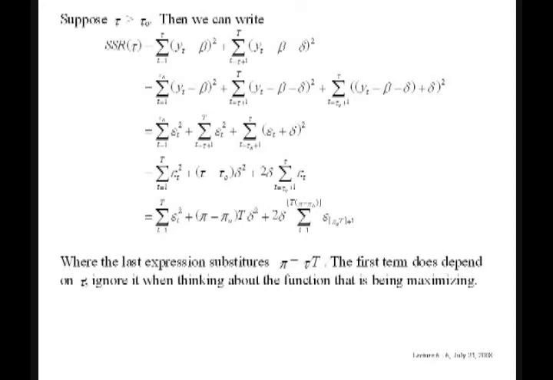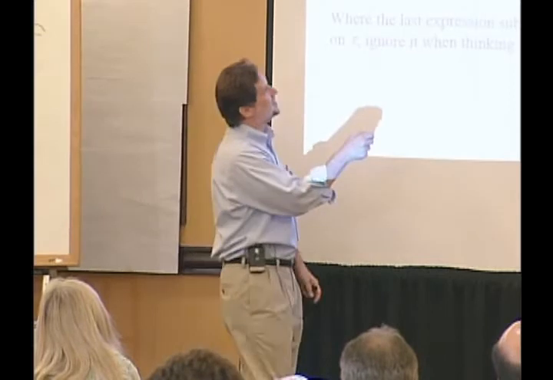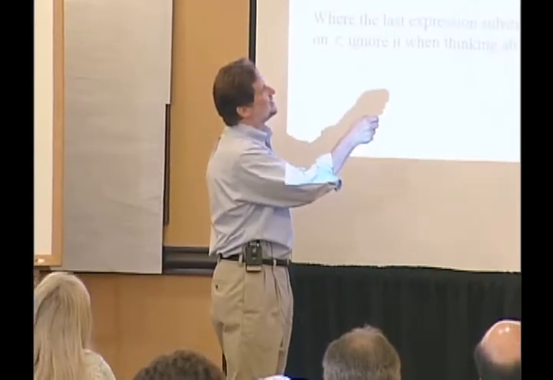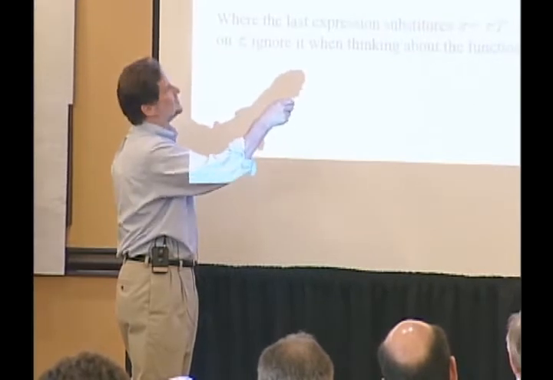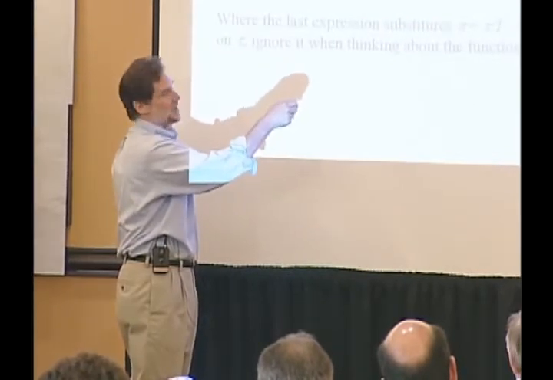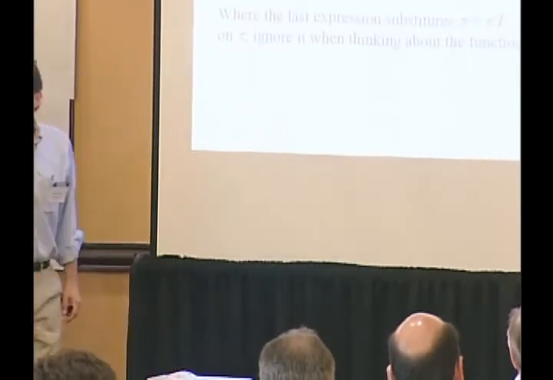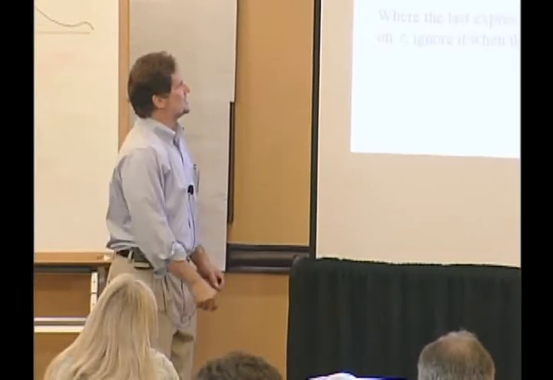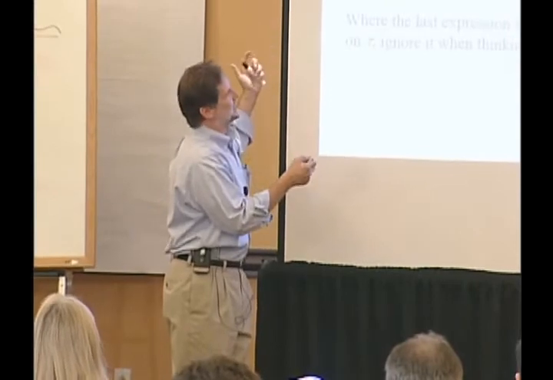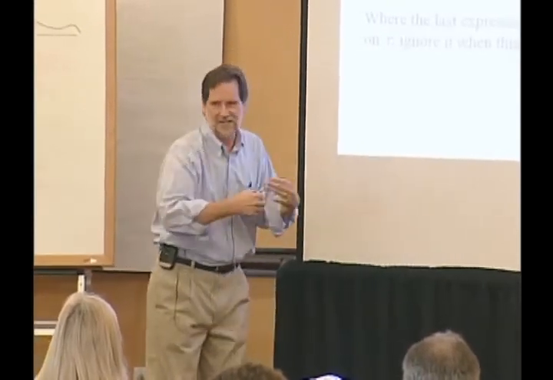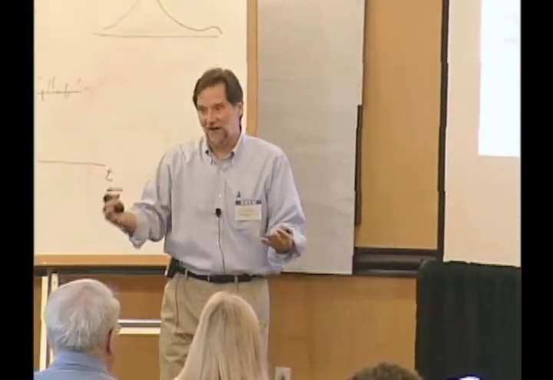And I get the sum of squared epsilons from t goes from 1 to capital T. And then the interesting part is this part, the tau squared part, or excuse me, the delta squared part of this, and then this cross product. So all I did now is this next line, because I'm sort of schizophrenic about using tau or pi.